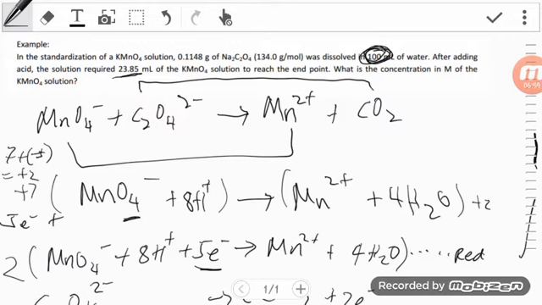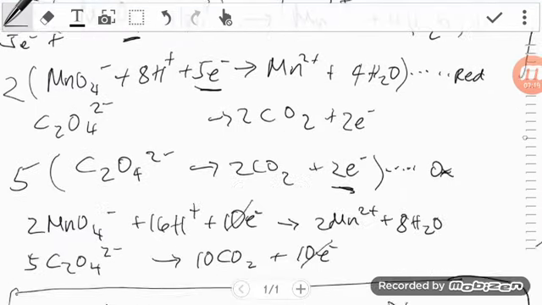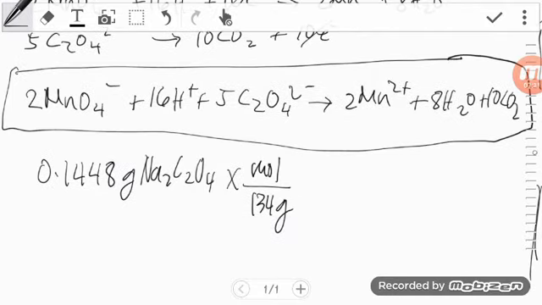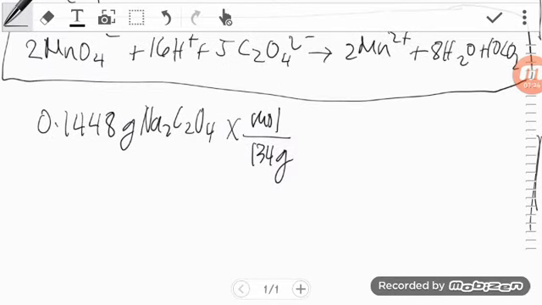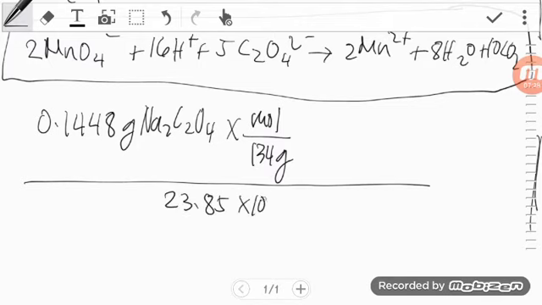This water is just there, it is just specified for the sake of the process, but in the calculation it is not included. So after adding the acid, the solution required 23.85, so over 23.85 times 10 to the negative 3 liters of potassium permanganate.